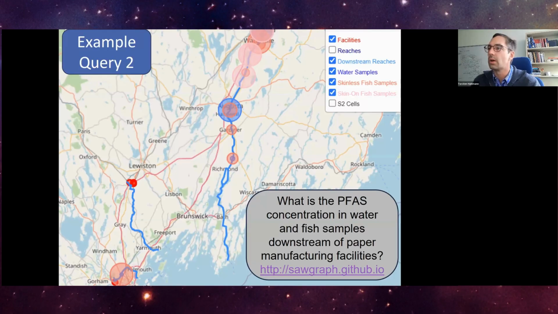So the water samples are the blue circles and the fish samples are light pink and darker pink. The actual facilities we are looking from downstream are shown in red, so red circles.